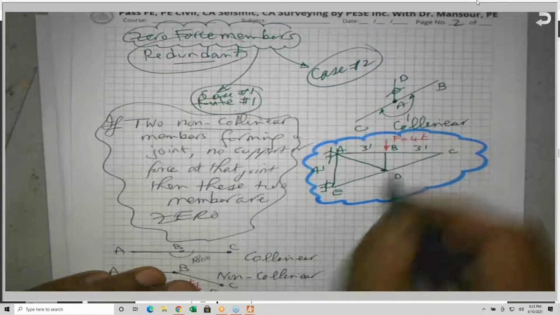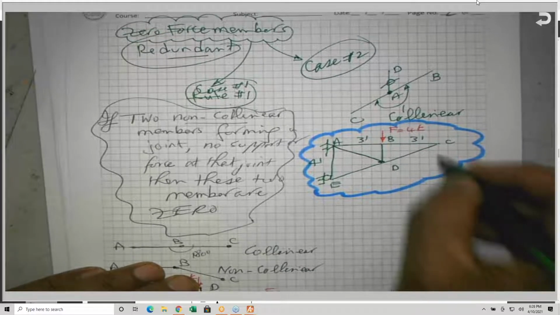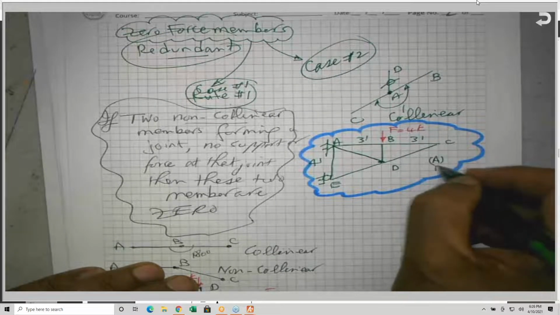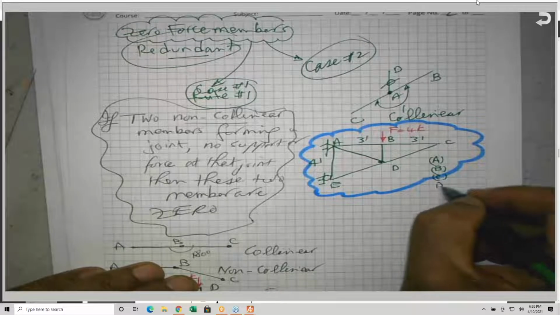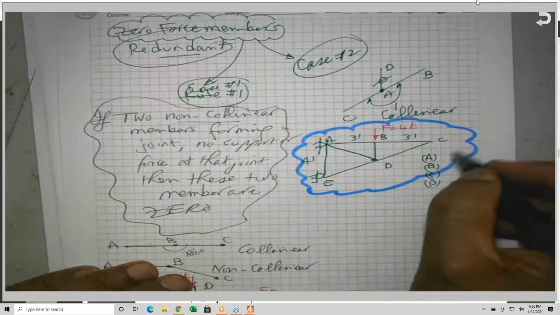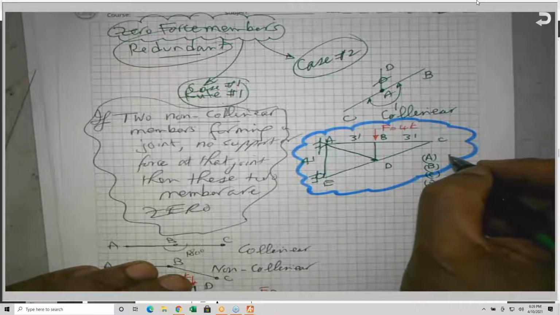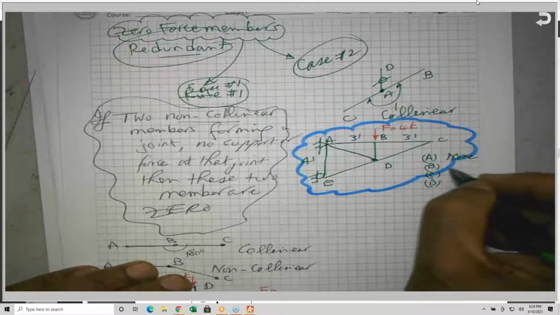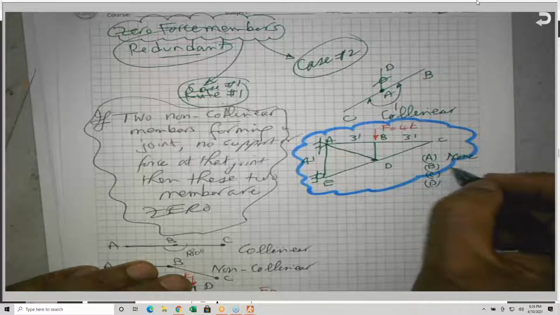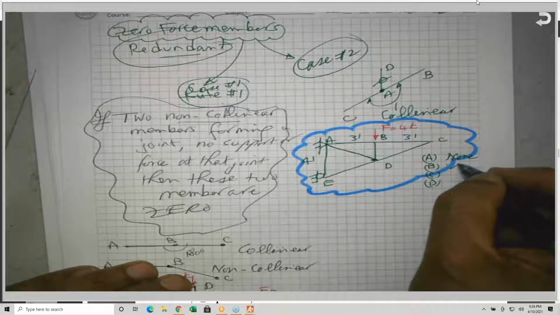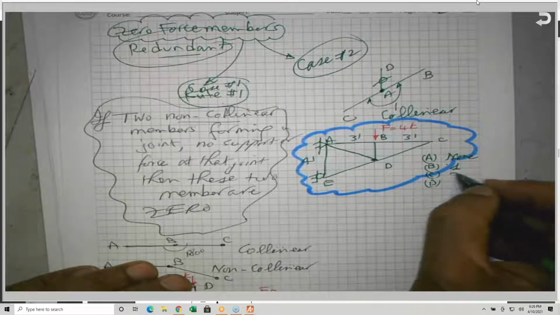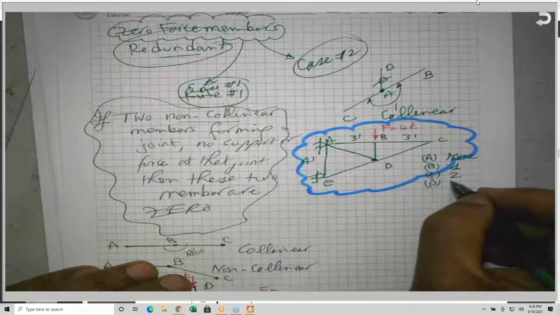How many zero force members are here? Answer A, none, B, 2 members, C, 1 member, or D, 3.